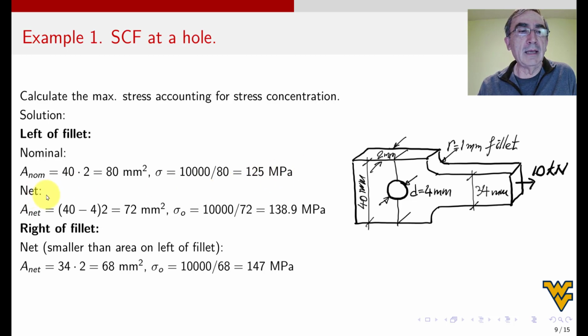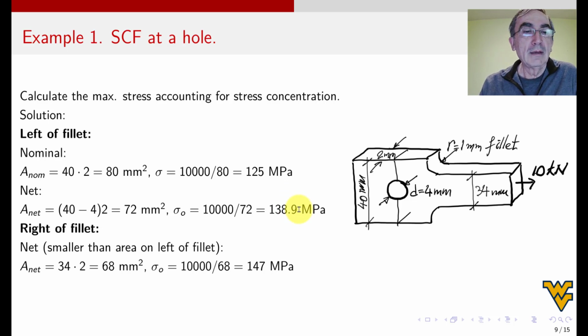Now what about the net? Net is how much area do I have if I drill the hole? Well, 40 minus 4, because diameter is 4. And then multiply by 2, that is the thickness, you got 72. And my net stress, 10,000 divided by 72, that's almost 139. All right, so it grew a little bit, but you see the net doesn't grow so much.